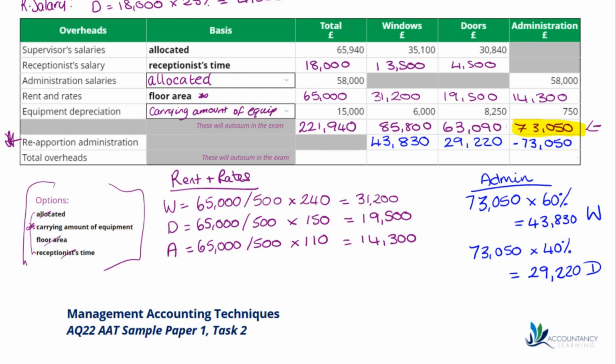And then once again, in the exam, the totals at the bottom will auto sum. But again, for completeness, I will add them in here. And then there, you can see that we are then down to 0 in administration.